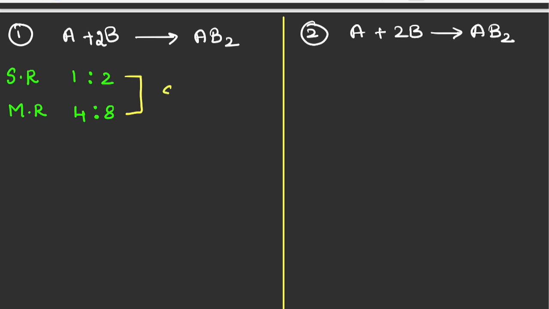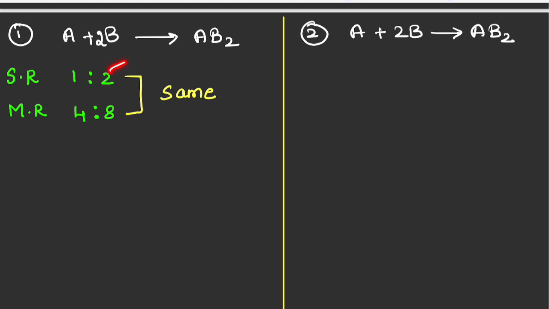Here it is the same. How do you say that it is the same? Here you should multiply this ratio with some common number. If I multiply with 2, you will get 2:4.